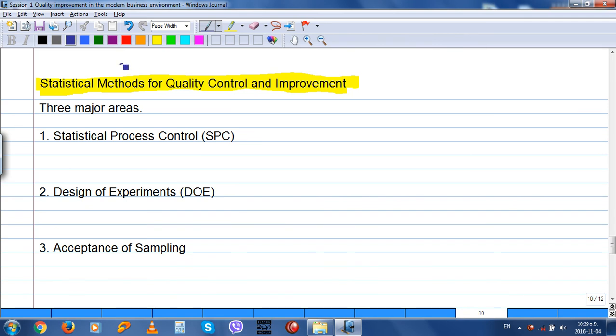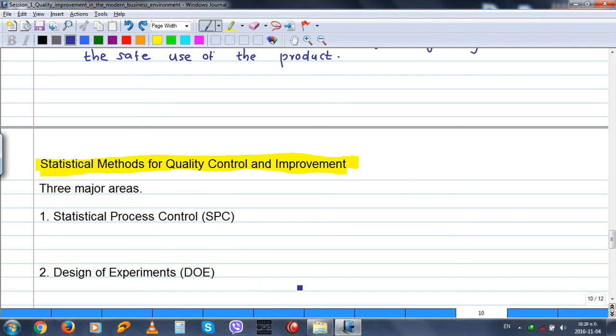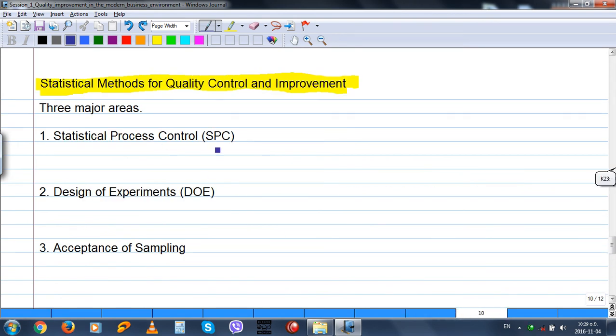Statistical process control is done mainly by using control charts. We are not going to talk about control charts descriptively in this lesson, because we have two lessons about control charts, and we will discuss them there.